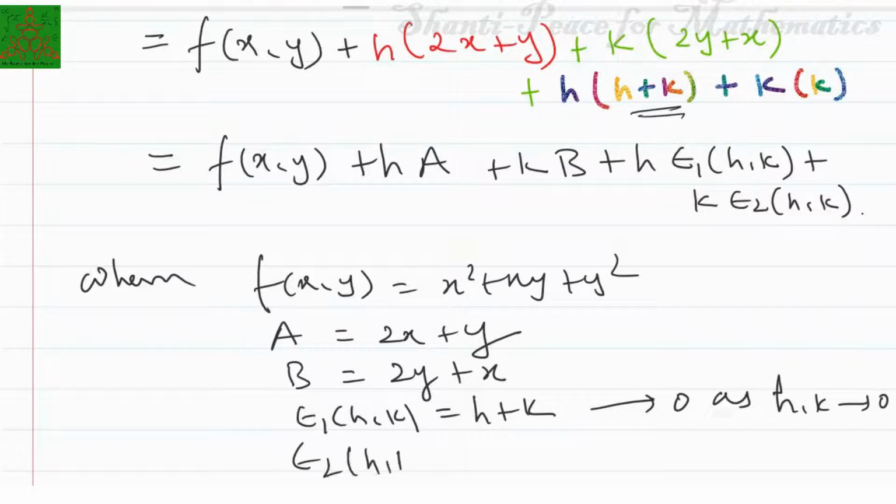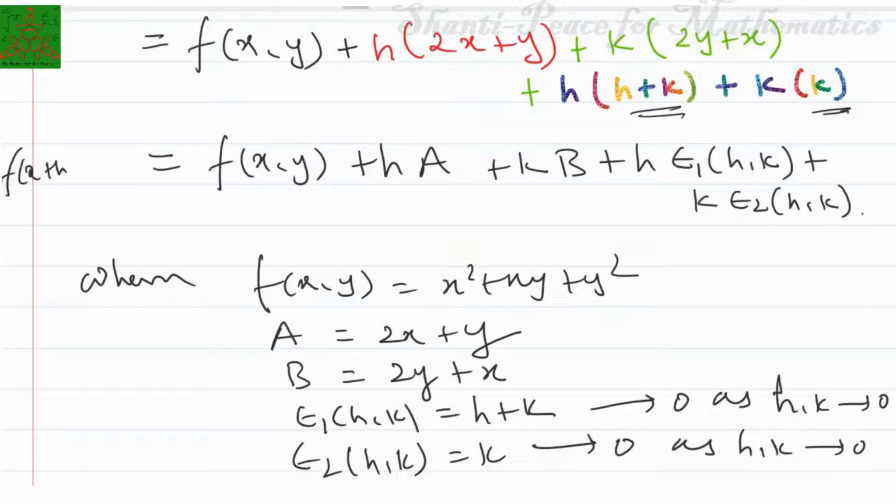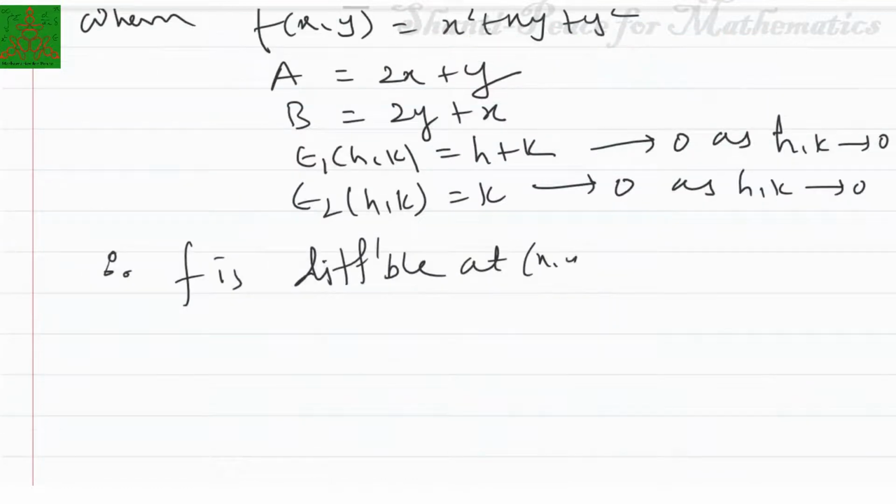Epsilon 2 will be k as per this, which also tends to 0 as h and k tend to 0. And this side is nothing but f of (x plus h, y plus k). That means for any point (x, y), it satisfies the condition of differentiability. So thus what we can say is f is differentiable at any point (x, y).